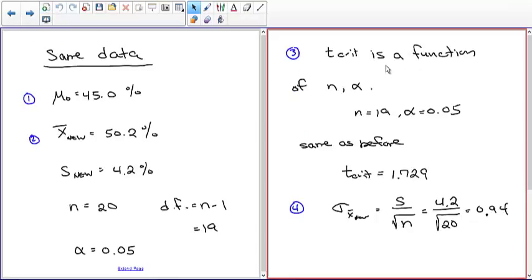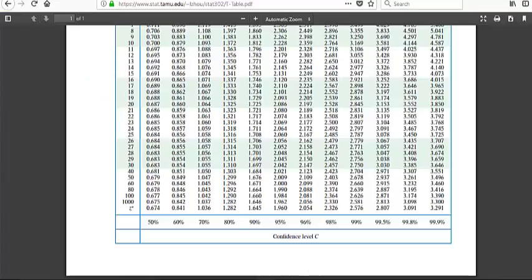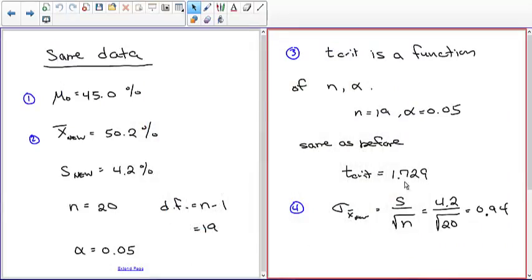The critical t-score is a function of n and alpha, not n and confidence percent. But we get the same number because these methods are equivalent to each other. So it's just looking at the top instead of the bottom of the table, but you get the same number. So that's your critical t-score.